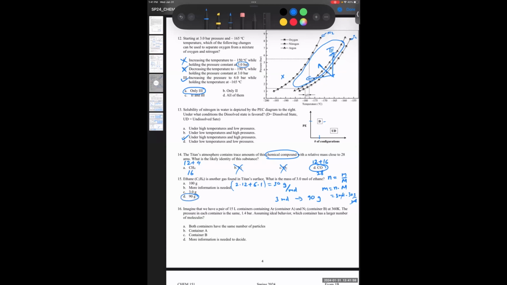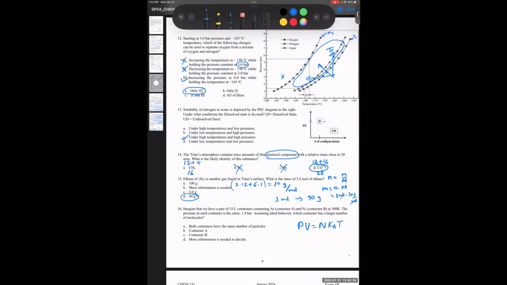Question 16, the last question. Imagine that we have a pair of 50-liter containers containing argon, container A, and nitrogen, container B, at 360 Kelvin. The pressure in each container is the same. Okay, so same volume, same temperature, and same pressure. Assuming ideal behavior, which container has a larger number of molecules? Okay, so we are at the same pressure, same volume, and same constant, same temperature, in both cases.